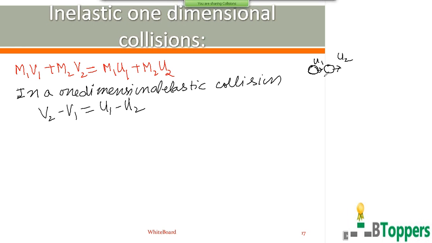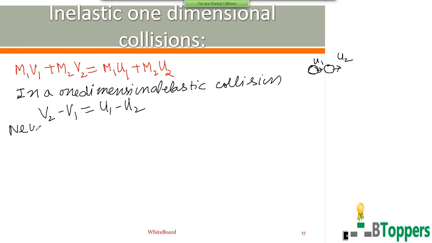Based on the experimental observations, he concluded that for a given pair of solid spheres or colliding bodies, the ratio of the magnitude of the relative velocity of separation after collision and the magnitude of the relative velocity of approach before collision is found to be a constant for a given pair of colliding bodies.